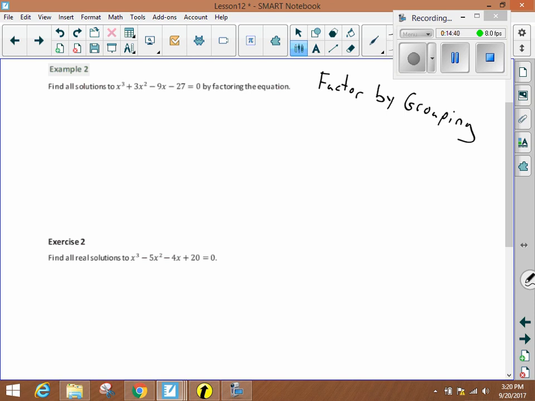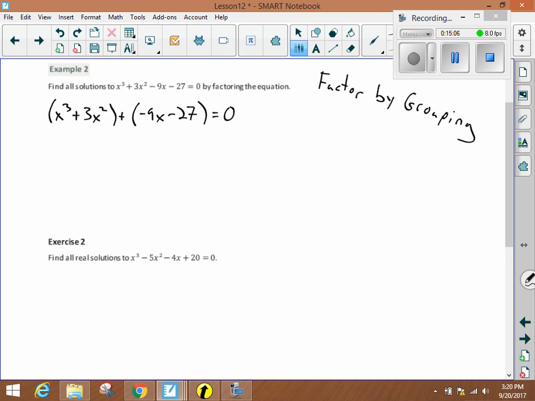All right, what that means, when I'm factoring by grouping, I'm looking at this thing as two different things. And so I'm going to go ahead and factor each of these separately. So I'm going to factor x cubed plus 3x squared.